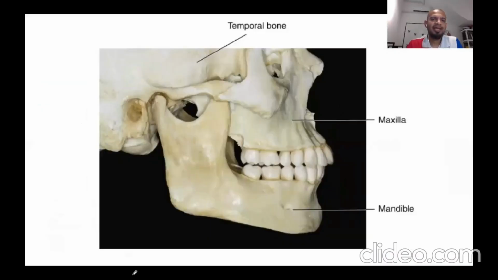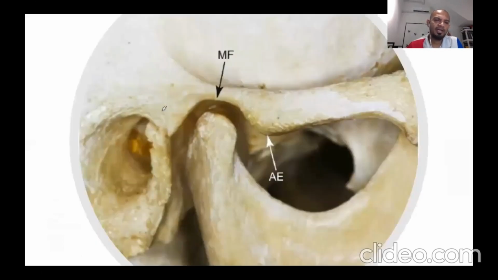So when you look at the lateral view from the side, you have the temporal component and you have the mandibular component. And when you look at it more closely, we have a convex mandibular head and a concave mandibular fossa. And the temporomandibular articular component doesn't stop there. Then you have another convex articular eminence.